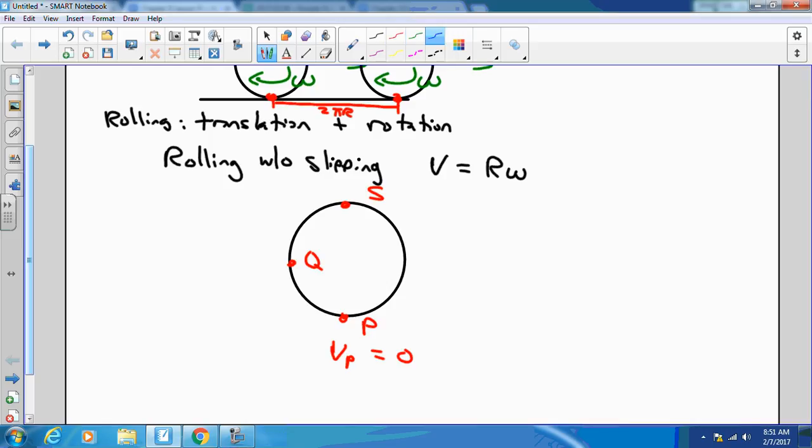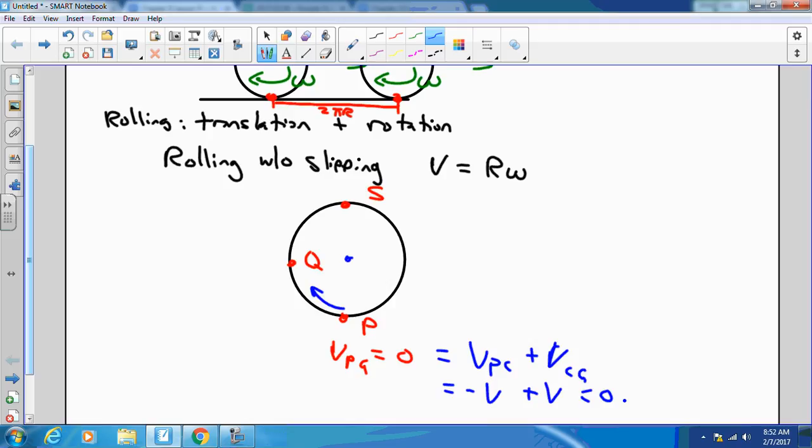And that happens because point P is simultaneously moving with speed negative v relative to the center, and the center is moving at speed positive v relative to the ground, so the whole thing adds up to 0.